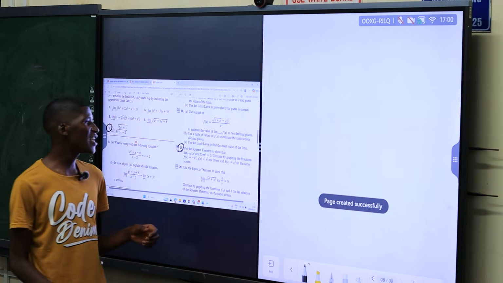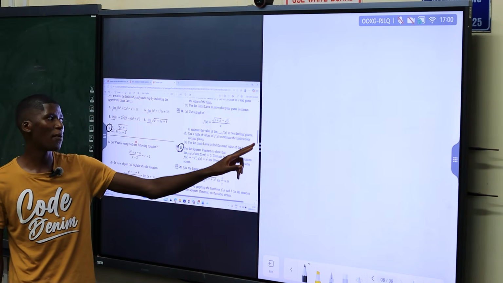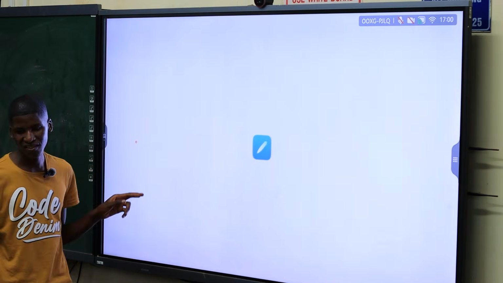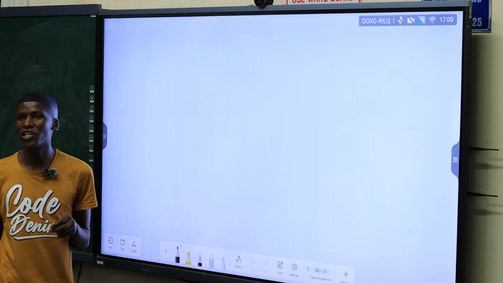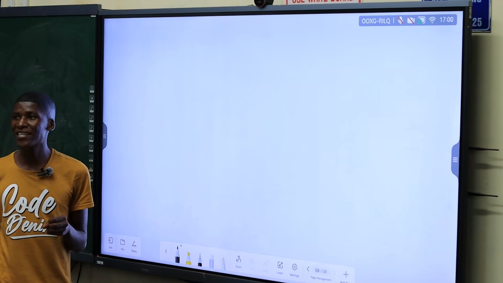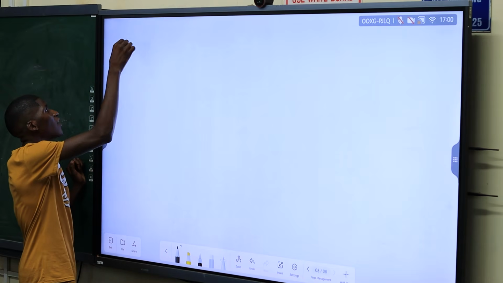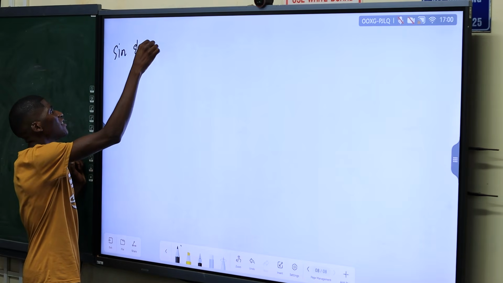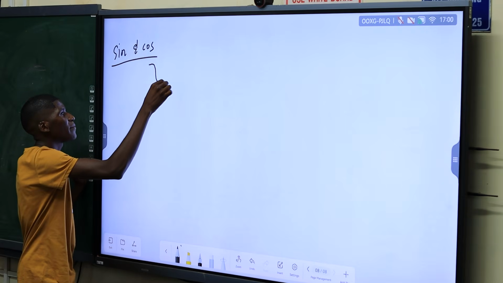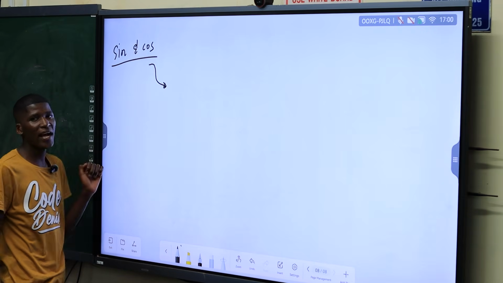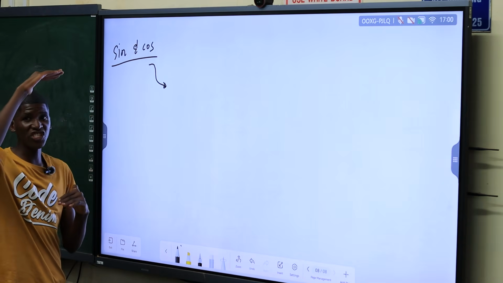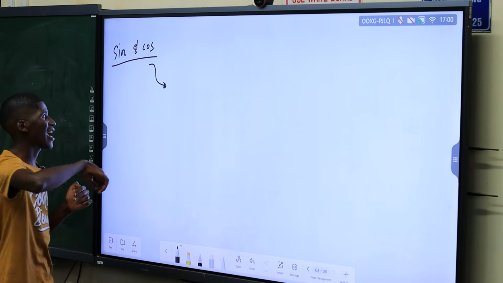Now, when you are dealing with functions that have got sine and cos. What are sine and cos again? Trigonometric functions. What we need to know about them is that they have got a range within the amplitude term.